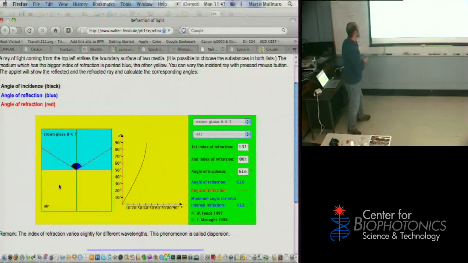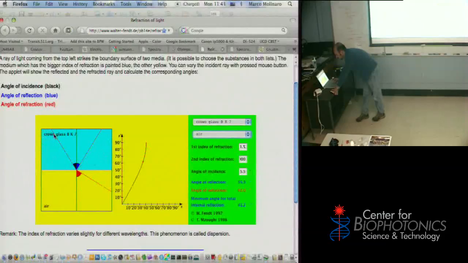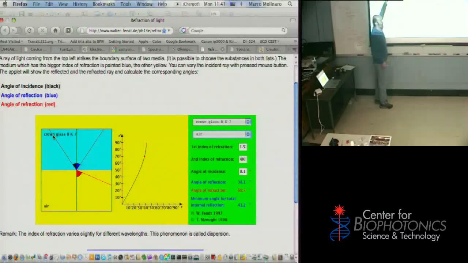So, if I have my laser shining through a piece of glass, okay, you'll notice that it doesn't get into the air until the angle becomes such that it can actually come out. It's in a higher density medium.